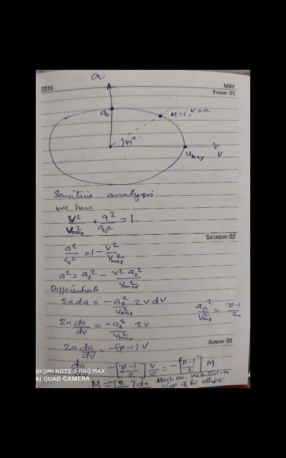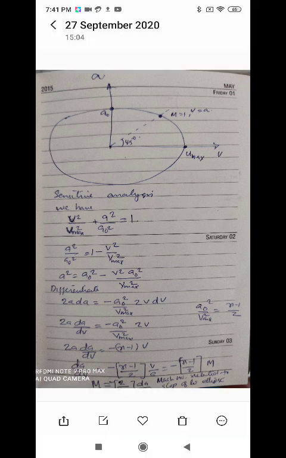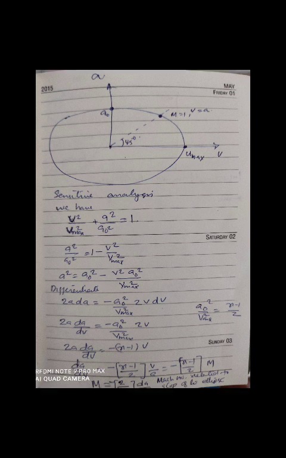The equation of the ellipse is V square by V max square plus A square by a0 square is equal to 1. Rewrite this: A square by a0 square is equal to 1 minus V square by V max square. A square is equal to a0 square minus V square into a0 square by V max square.